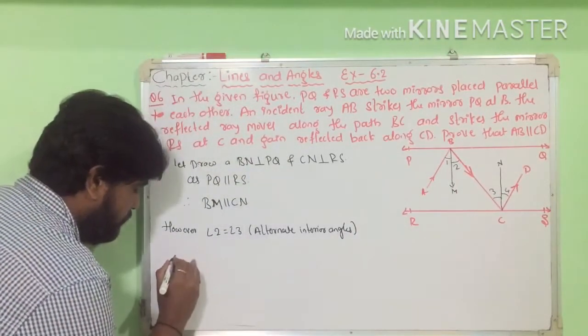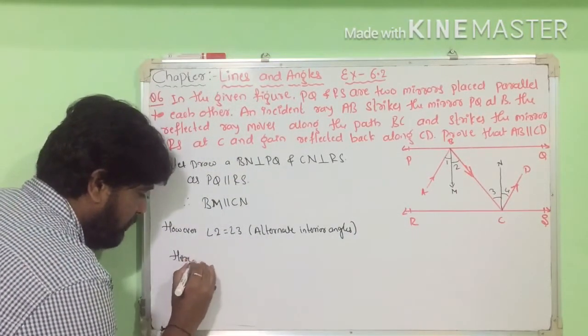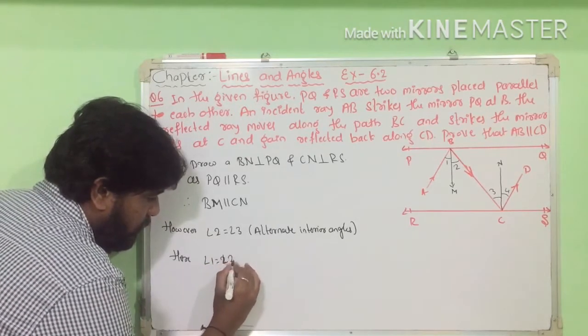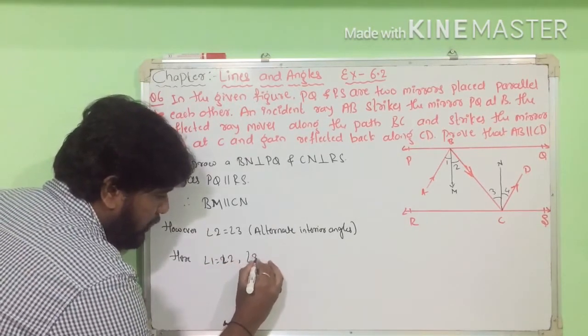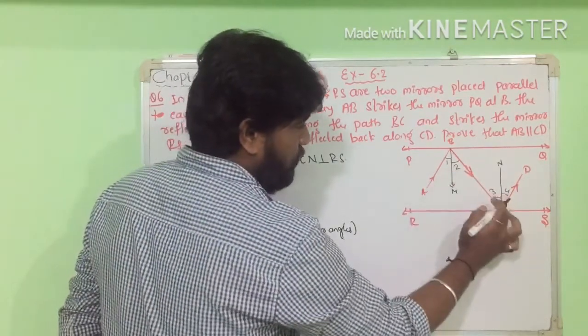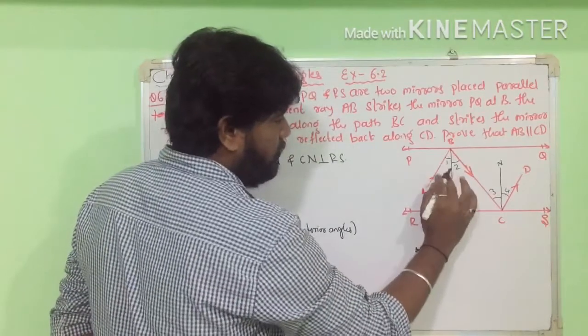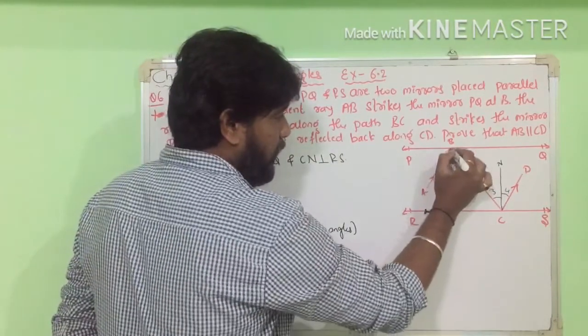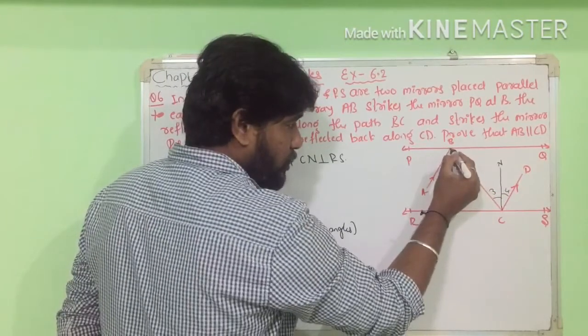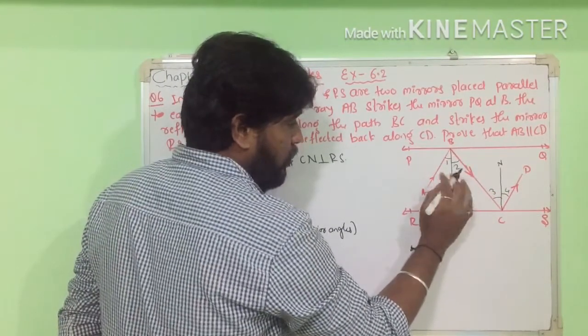So now see here, these two are parallel, right? And here angle 1 is equal to angle 2, angle 3 is equal to angle 4, because the ray AB is reflected, and here we drew a perpendicular line.